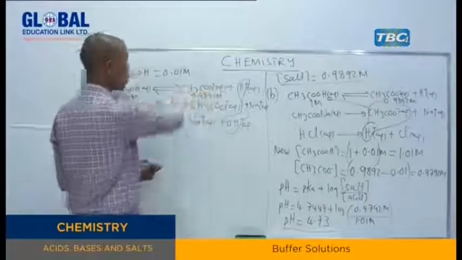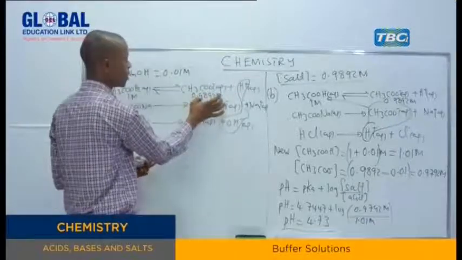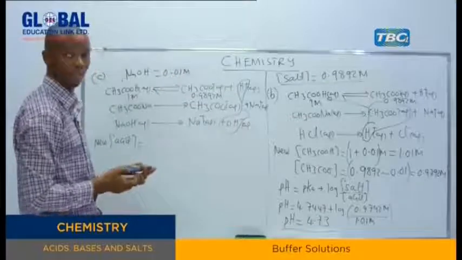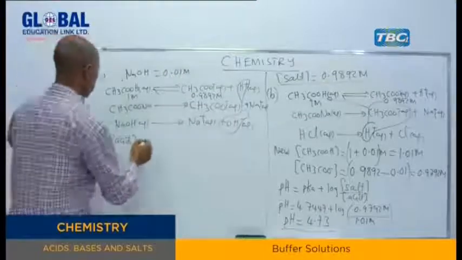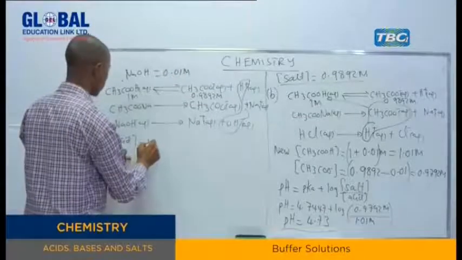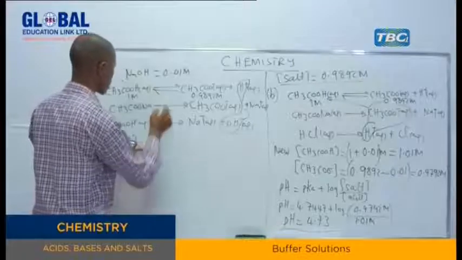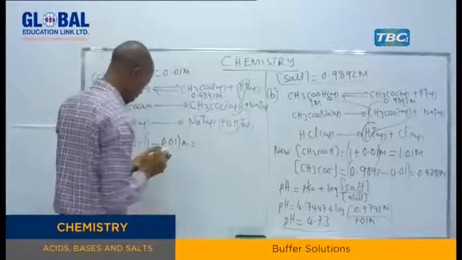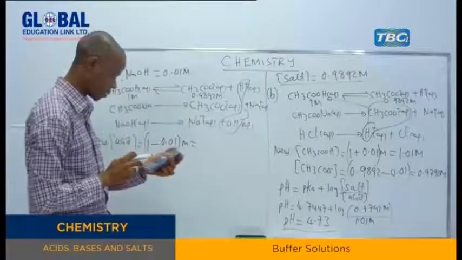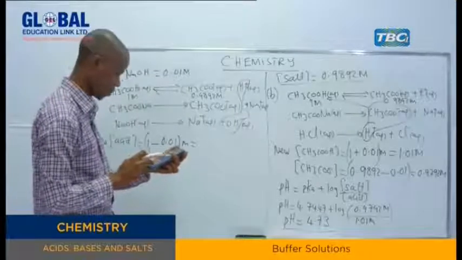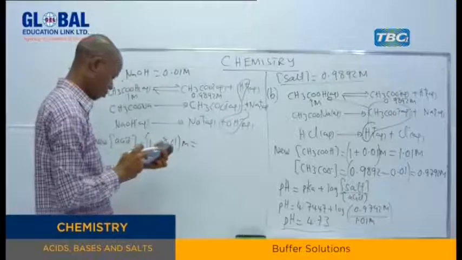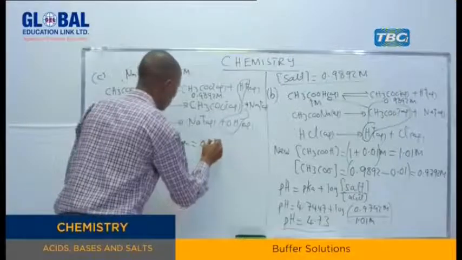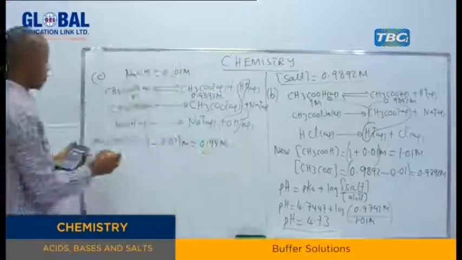And this salt, because it will be formed, now this concentration will also increase by the same factor which is added from the base. So new concentration will be 1 for the acid. You subtract 0.01. 1 minus 0.01, now you will get 0.99 molar.